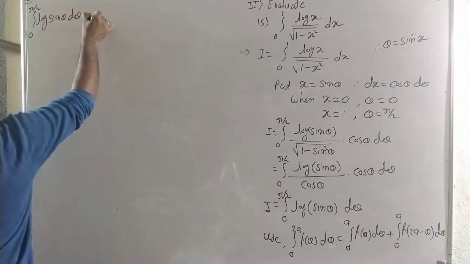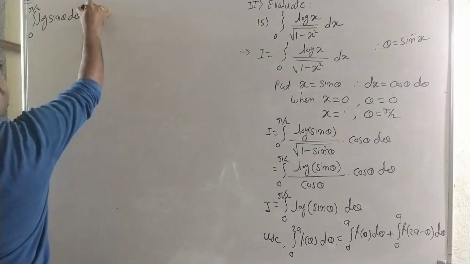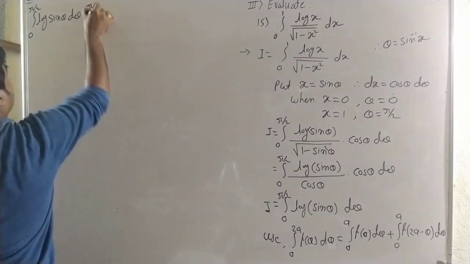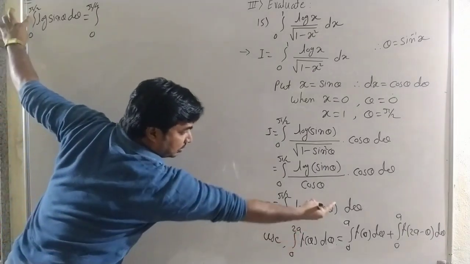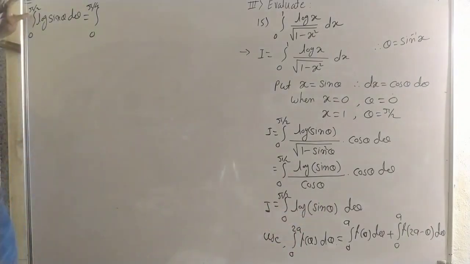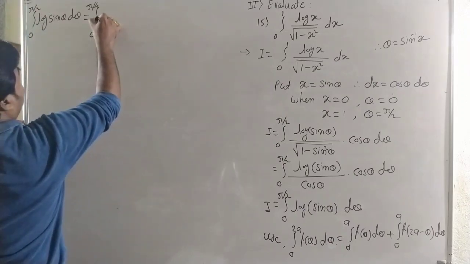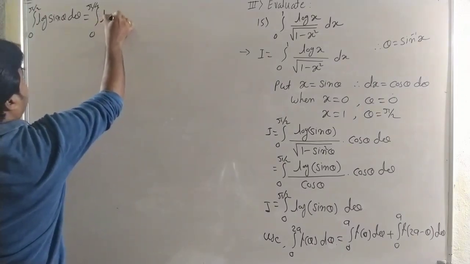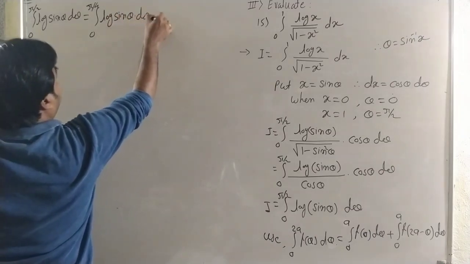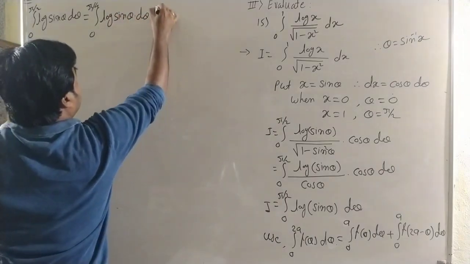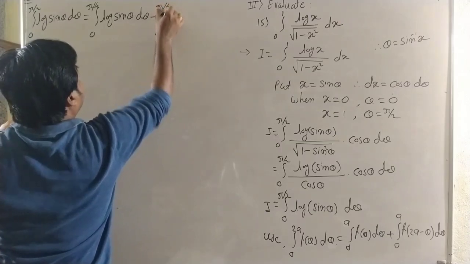d theta is equal to integral 0 to pi by 4. It is pi by 2, that is 2a, then we can write 0 to a, which is pi by 4. Here f of theta is log of sin theta d theta, plus again integral 0 to pi by 4.